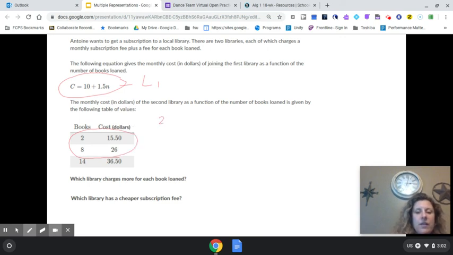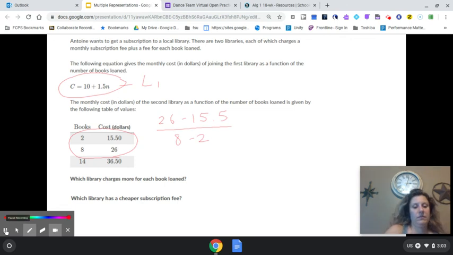y2 minus y1 divided by x2 minus x1. We get 10.5 divided by 6, which gives us 1.75.